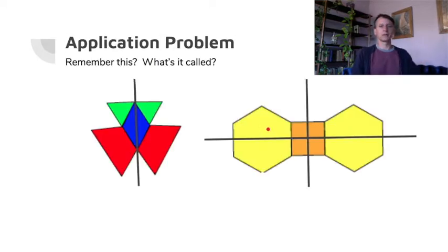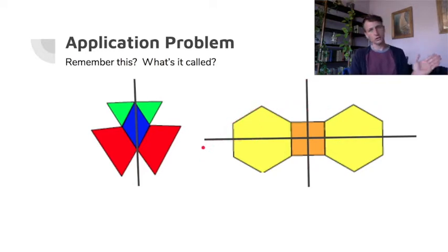Who remembers what this is called? This is like the easiest application problem in the entire year. I can draw a line down here such that if I folded this over, the two sides would line up. And in this little doohickey here, I could draw a line down here, fold this over, and it would line up.